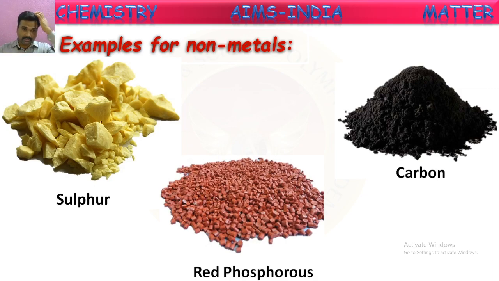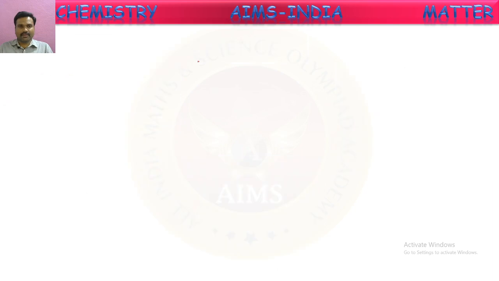So most non-metals are soft solids or gases. Can you name some examples of non-metal gases? Yes, oxygen, nitrogen, hydrogen, chlorine. These are the non-metallic elements in the gaseous state. Here we have shown some solid-state non-metals. Okay, that is about non-metals.